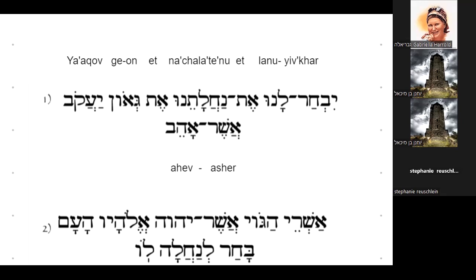We know that when we see the aleph and the tav together, a lot of times grammatically it's being used to point at something. It's saying this right here, putting a finger on it so that there's no mistake. So we know that he is choosing for us our inheritance.